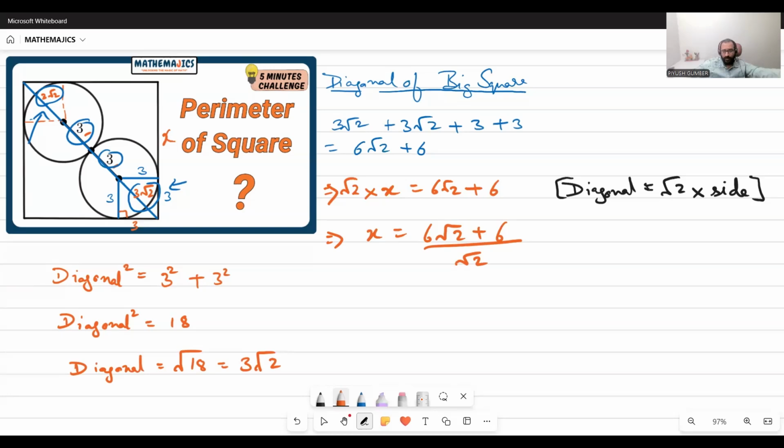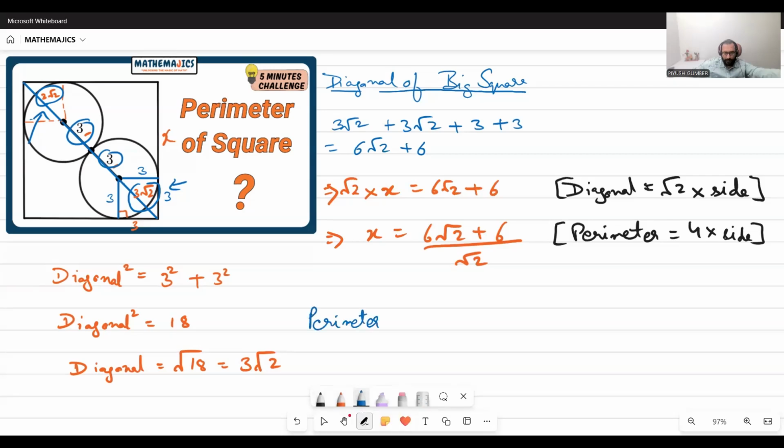And what do we need to find out? We need to find the perimeter. What is the perimeter of any square? Perimeter is 4 times the side, correct? So in this case, this will be 4x. So let's find the perimeter.